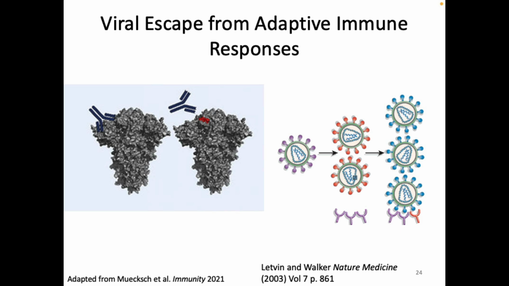Now let's imagine that David comes to my office to talk to me about his thesis. Is that virus going to evade my CD8 T cells? I see a couple head shakes.